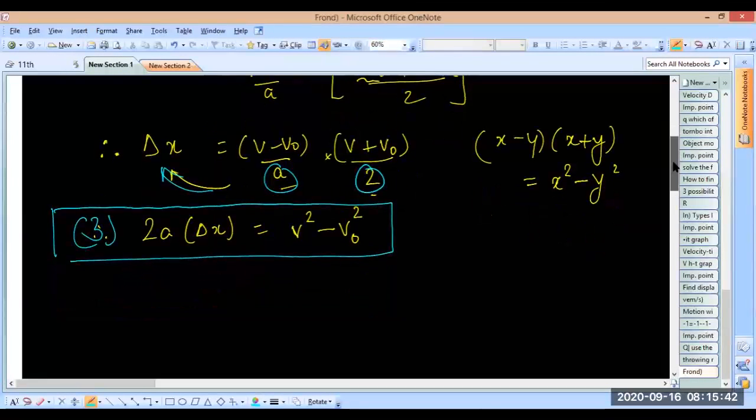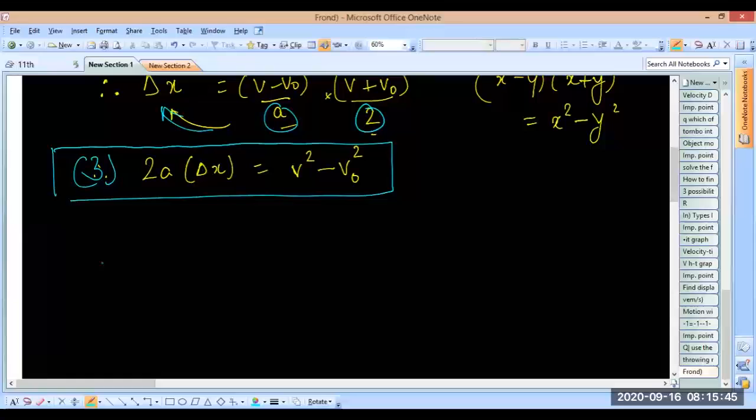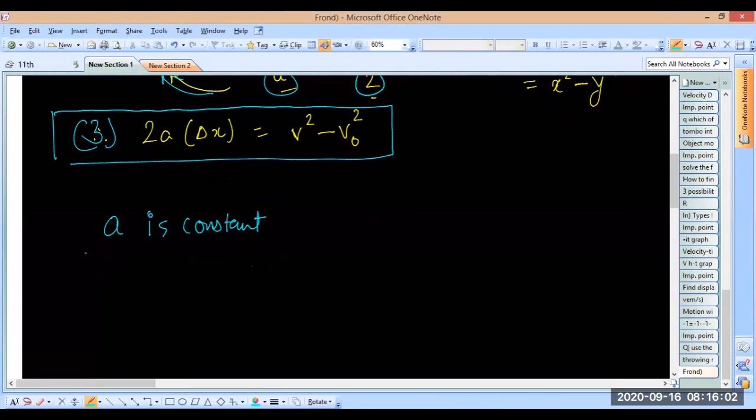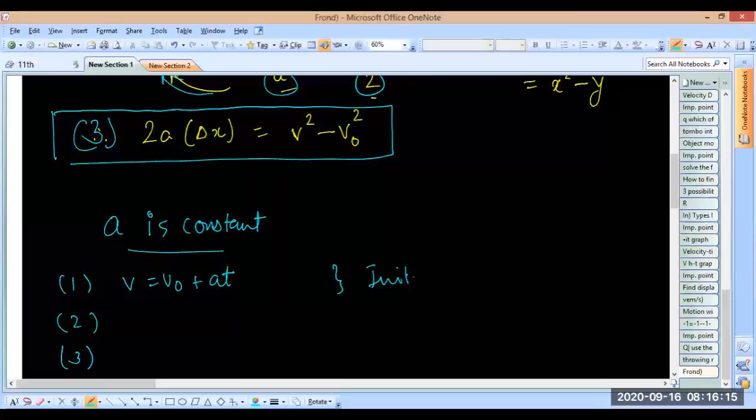So now again, let me write all of these very quickly and help you understand what's going on. When acceleration is constant, we can use three equations, 1, 2, and 3. The first one is v is equal to v0 plus at. This gives you a relation of initial velocity and final velocity.